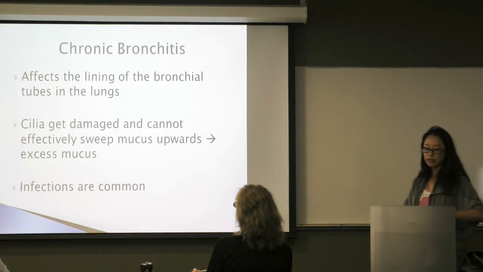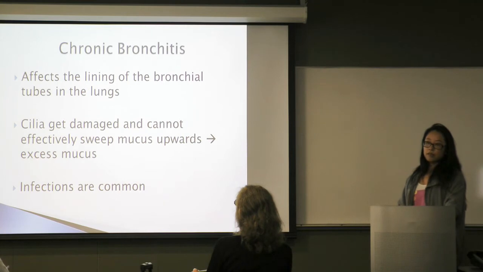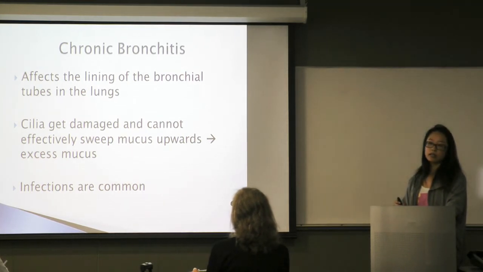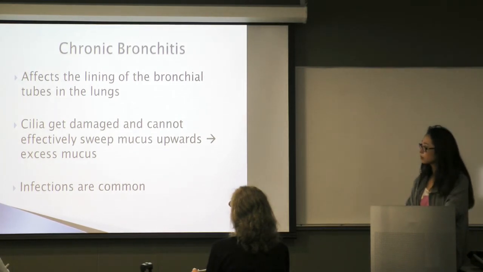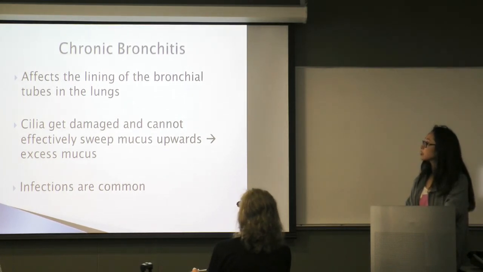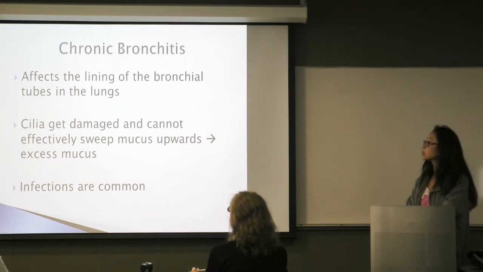Okay, chronic bronchitis. So the symptoms of emphysema and chronic bronchitis are the same, but the way that it affects the body, anatomically, physiologically, is different. So with chronic bronchitis, it affects the lining of the bronchial tubes in the lungs, so those air passageways. Cilia get damaged.